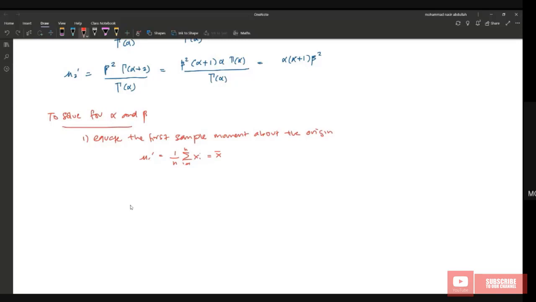So this is the first theoretical moment, which is equal to the expected value of x, right?